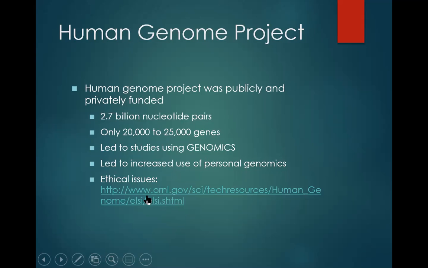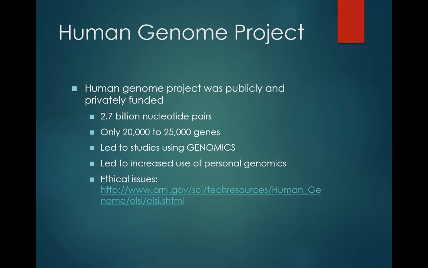It has a lot of ethical issues because if we understand how personal genomics affects your life, we could use that to discriminate against people. Also, people might not have privacy of their genetic information.